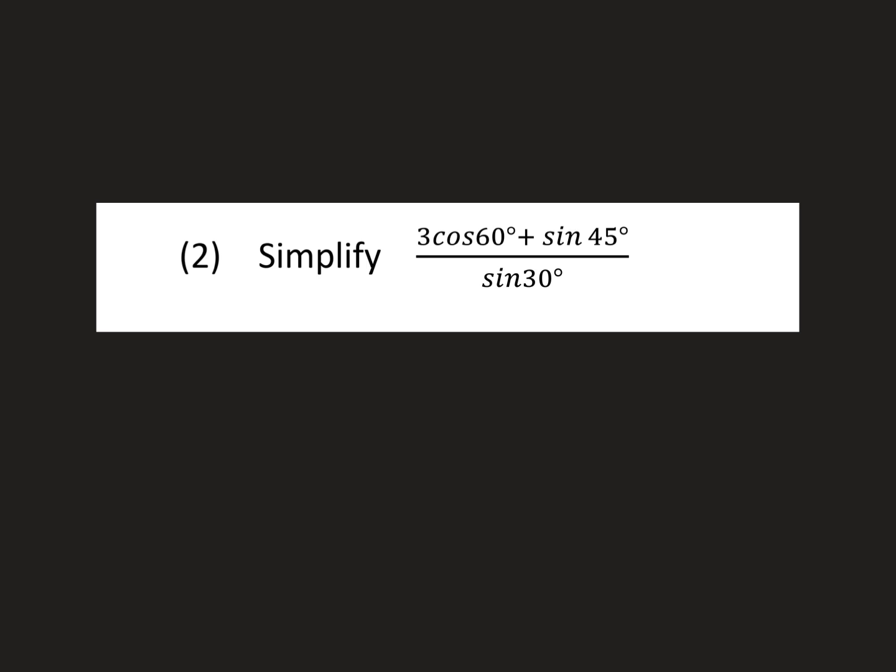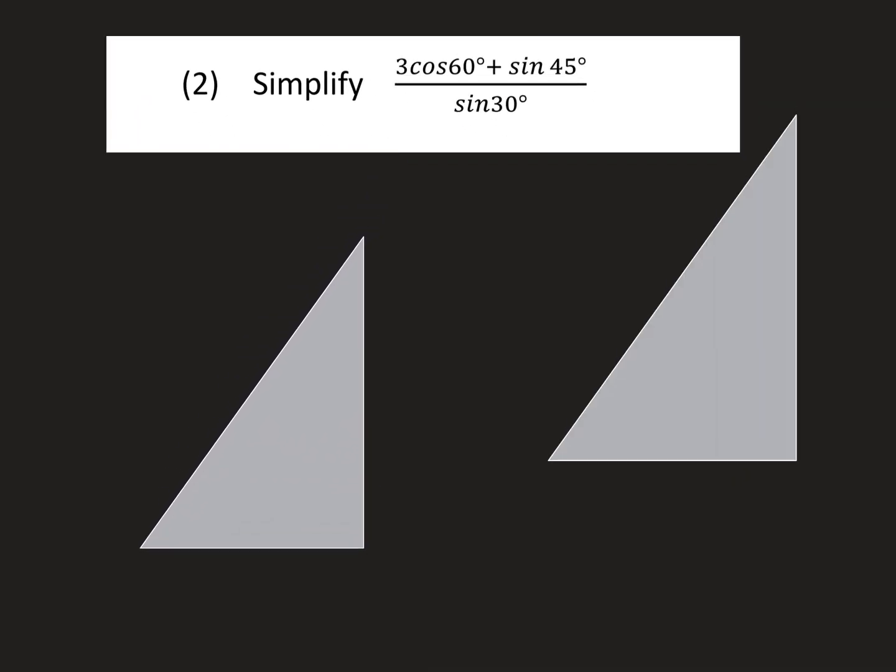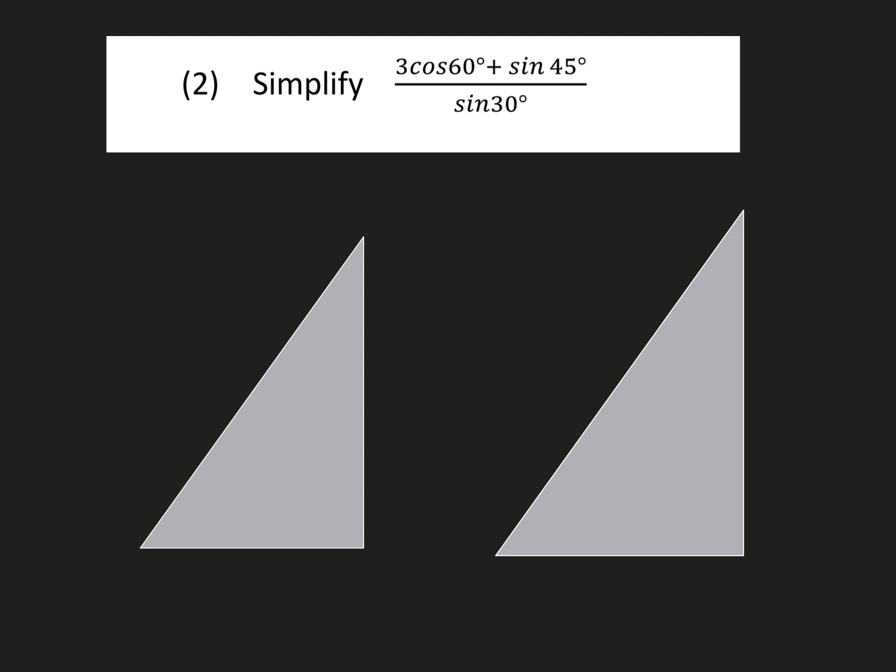Simplify 3 cos 60 degrees plus sine 45 degrees divided by sine 30. The angles that we have here are 60 degrees, 30 degrees, and 45 degrees. Let's try to draw triangles for them. We have two triangles.